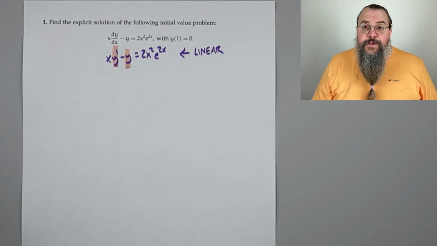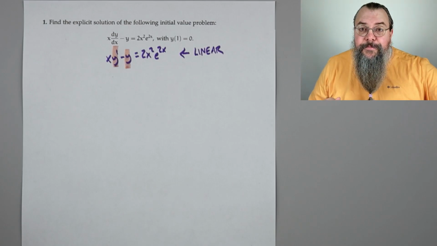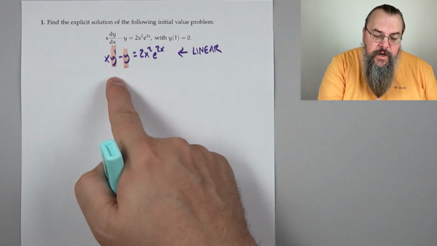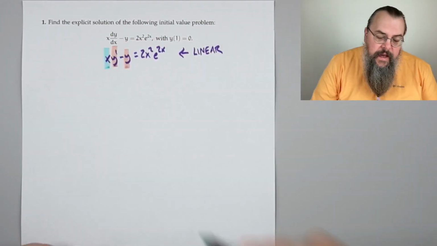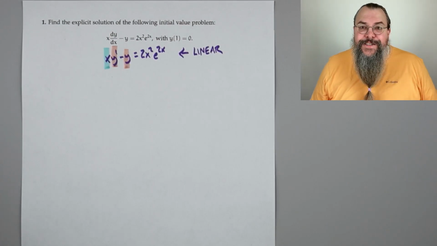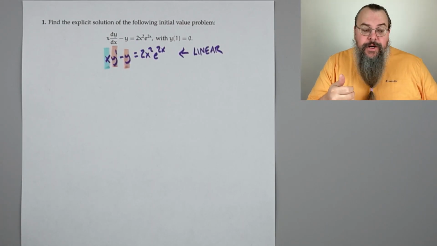Now, the first thing we do when we're faced with a linear differential equation is we have to be careful. By that, I mean, we look in front of the coefficient of y prime. And we say, okay, what is it? Well, it's x. And we're like, no, we don't want x. We want 1. So we should make it a 1.